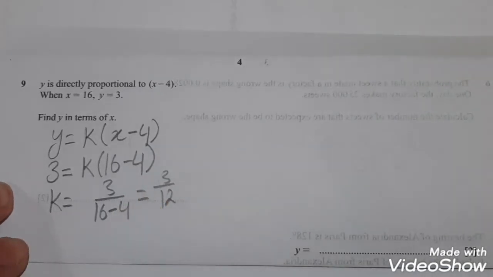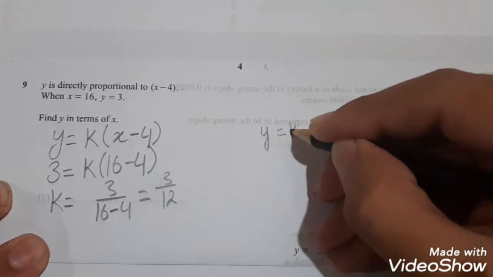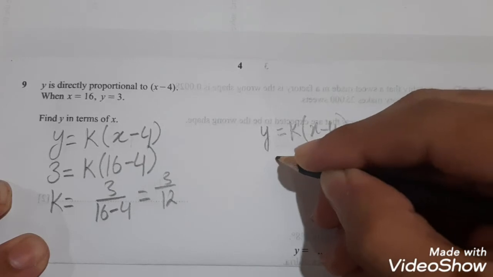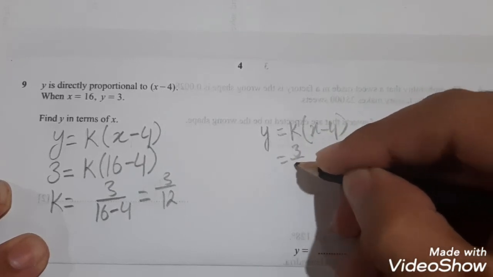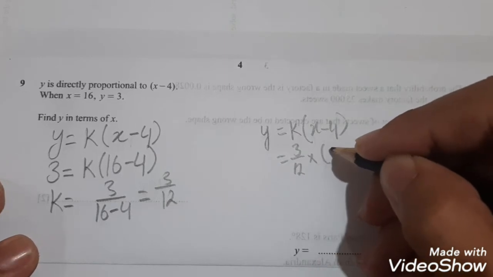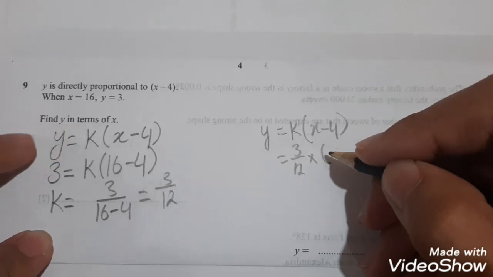So to calculate the value of y, you will write y is equal to k multiplied by x minus 4. So the value of k is 3 over 12 multiplied by x, the question states find y in terms of x.